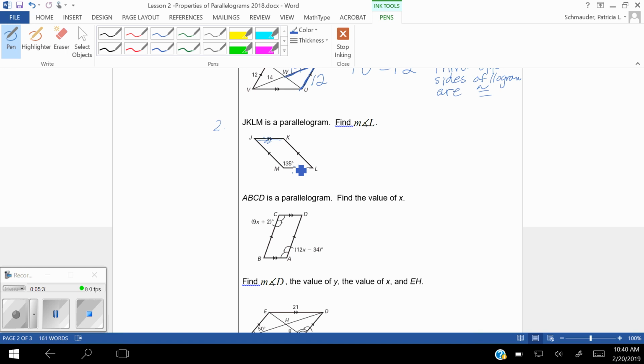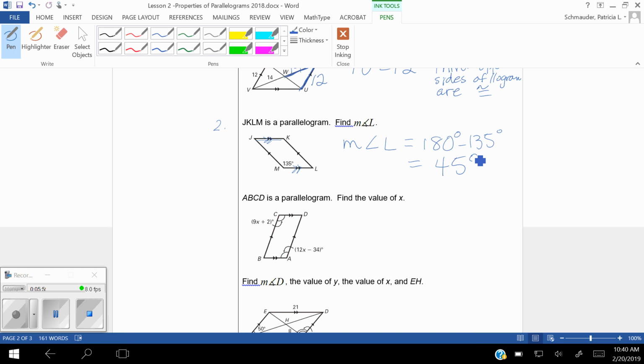I want to know the measure of angle L. Okay, well, I got a theorem that says consecutive angles are supplementary. Therefore, the measure of angle L has to be 180 minus 135, and that would be 45 degrees. What about the measure of angle K? Oh, it's congruent to M, so it would be 135, and so forth.